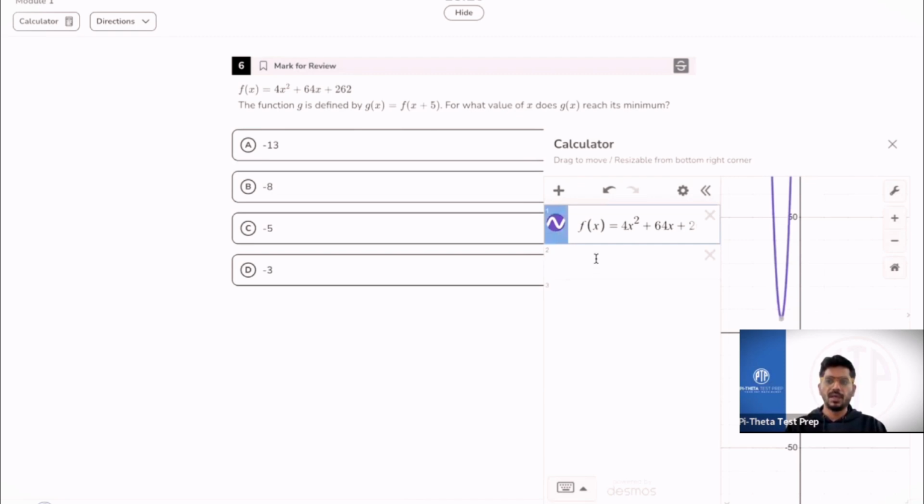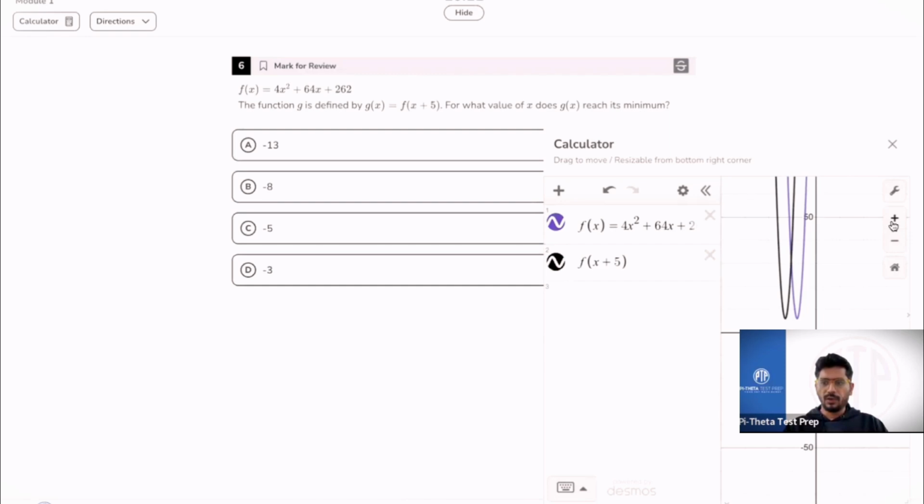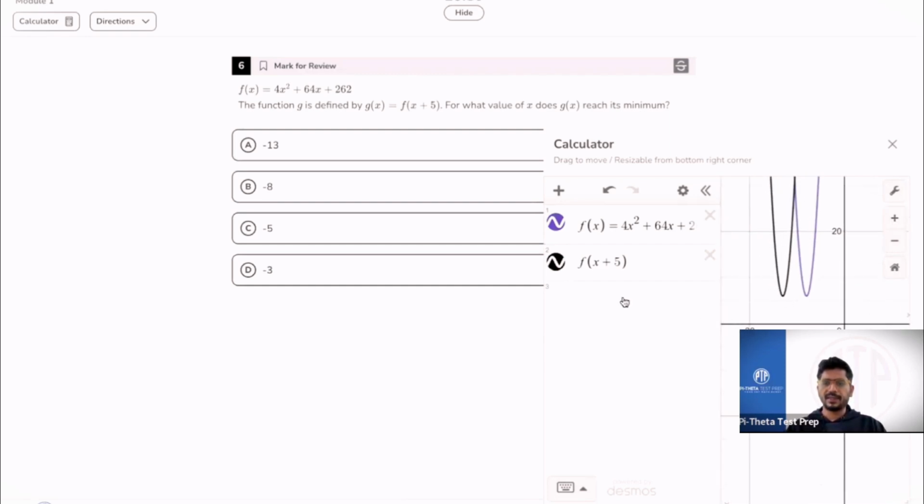It's not at a maximum. So instead of writing g of x there, you can just write f of x plus 5. And if you observe the graph, f of x plus 5 means it's a horizontal translation, right? If it's f of x plus 5, that means it will translate to the left by 5 units. Okay, it works opposite to what we think, right?